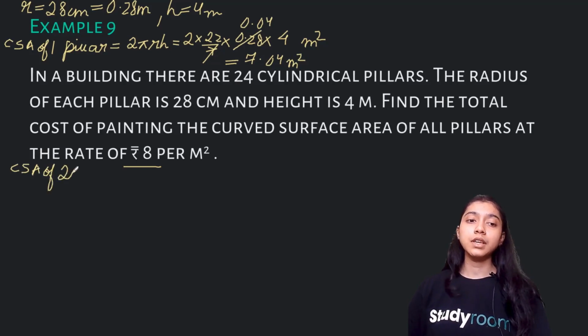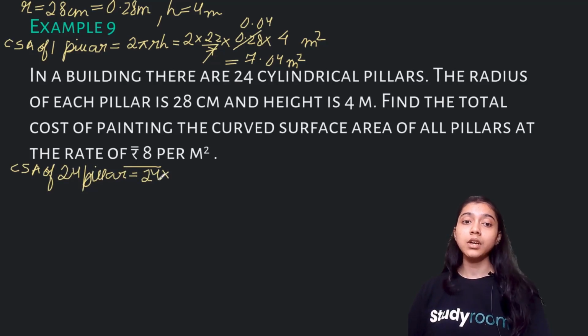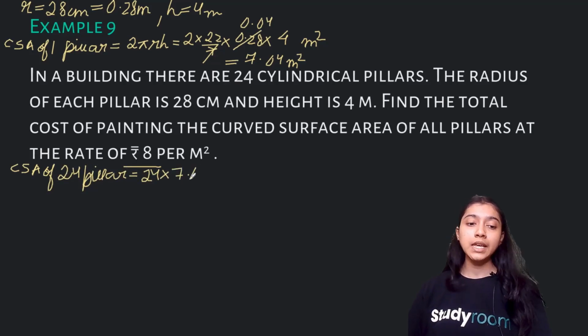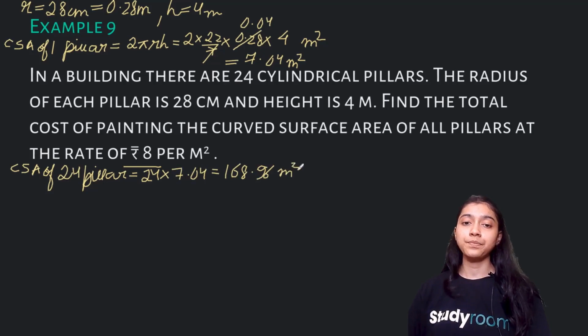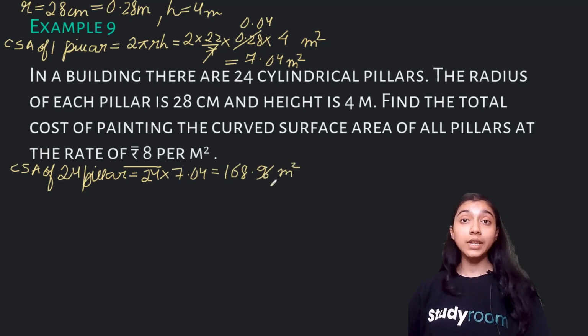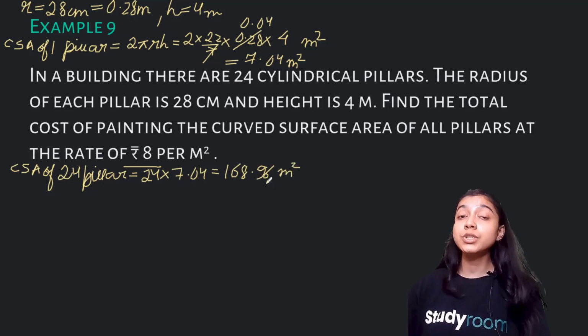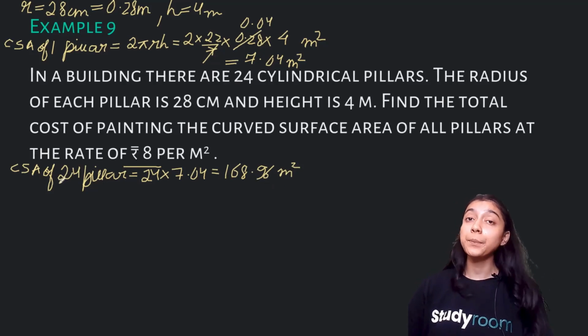So the curved surface area of 24 pillars will be equal to 24 multiplied by the curved surface area of one pillar. So 24 multiplied by 7.04, which gives us 168.96 meters square. So this 168.96 meters square is the total area that needs to be painted.